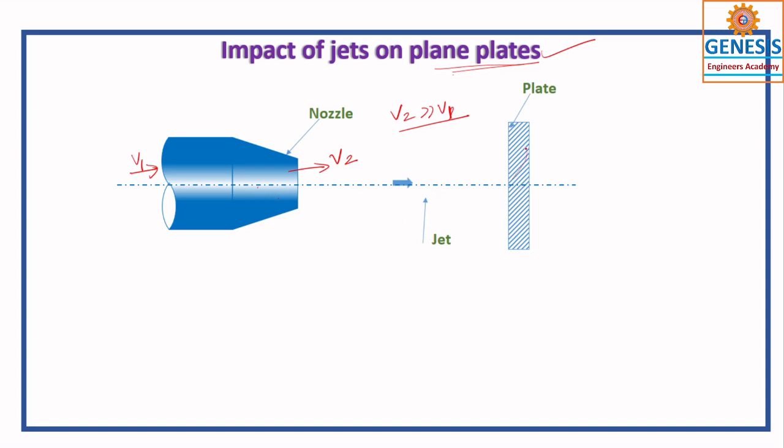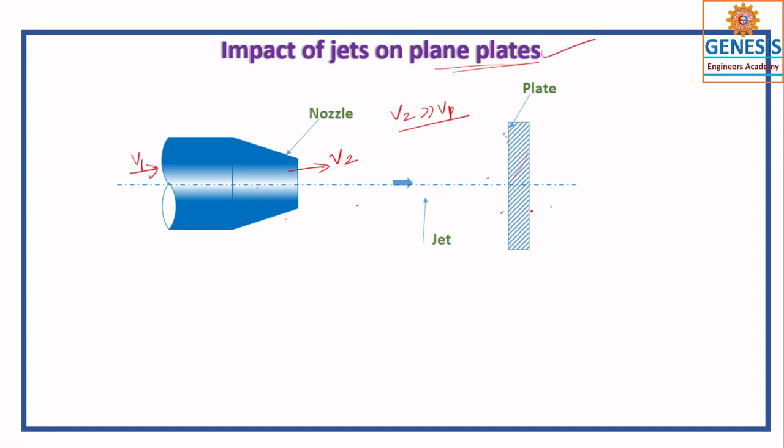This is the plate on which I am impinging the fluid, thereby I am able to move this plate. First we will study the case where the plate is stationary and find the force on that stationary plate, and after that we will learn about moving plates.